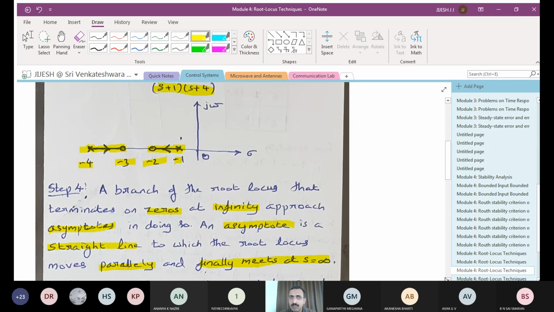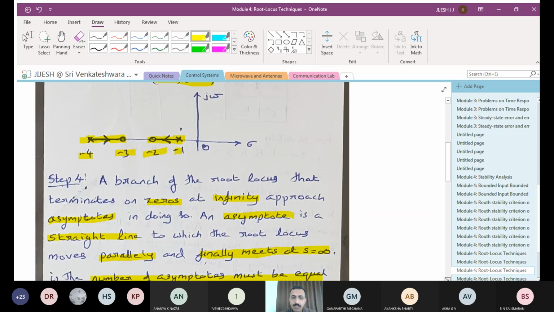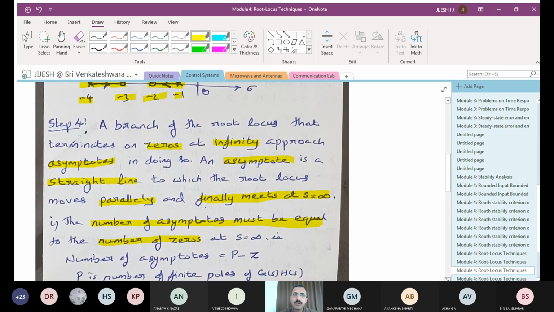So you will be drawing the root locus parallel to the asymptotes, and at a certain point at infinity, it will finally meet. When you draw any problems, basically you will draw it parallel to that. We are not going to show what happens at infinity.